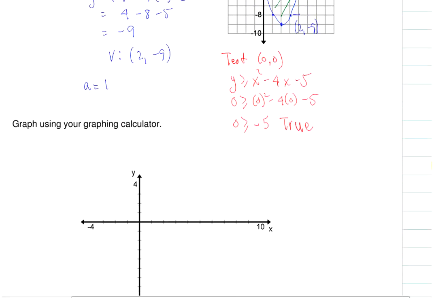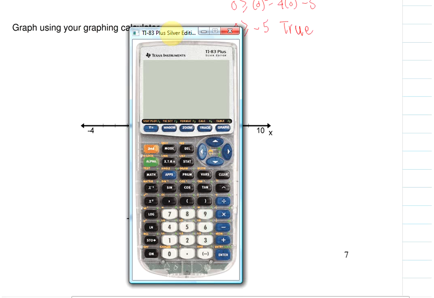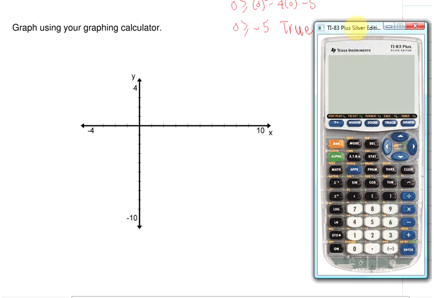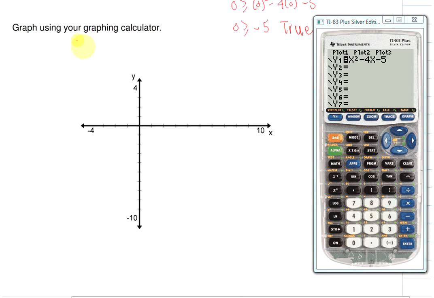Okay, so let's try this on our graphing calculator. I have already put the equation into y equals. We're working with this equation, right? And so I've already entered it in.